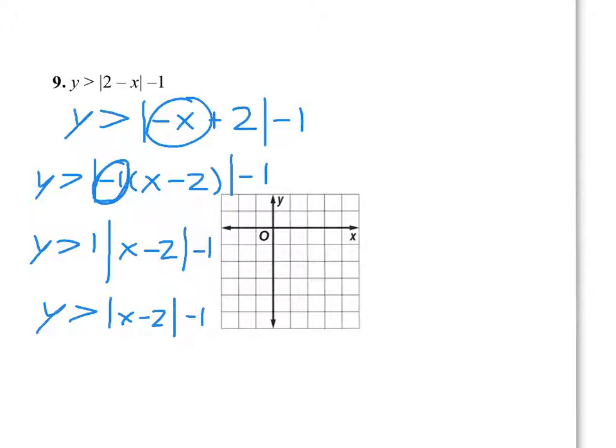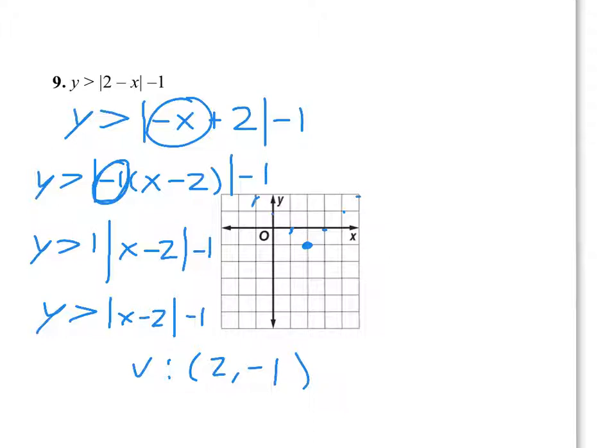So we go to the vertex, which is 2 comma negative 1. And our slope is 1, so we go up 1, right 1, and we go up 1, left 1.